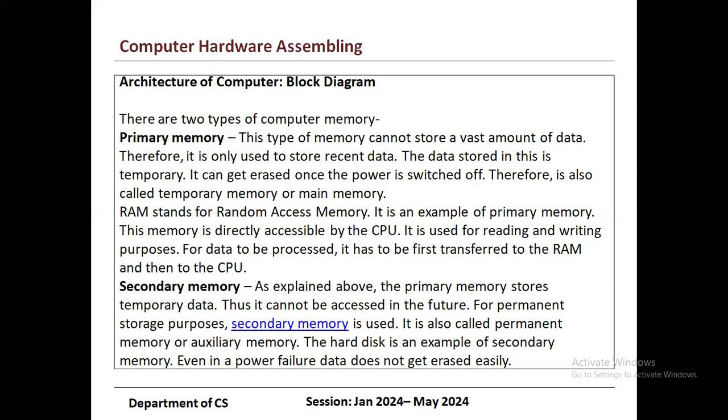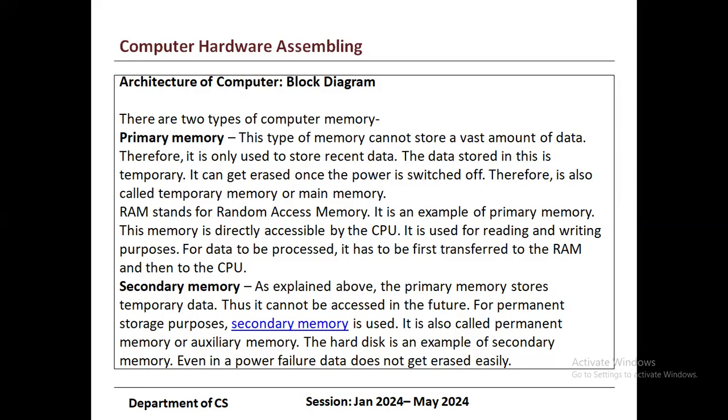The second type is secondary memory. As I explained above, the primary memory stores temporary data, thus it cannot be accessed in the future. For permanent storage purposes, secondary memory is used. It is also called permanent memory or auxiliary memory.